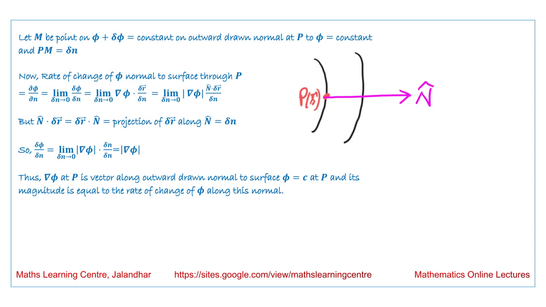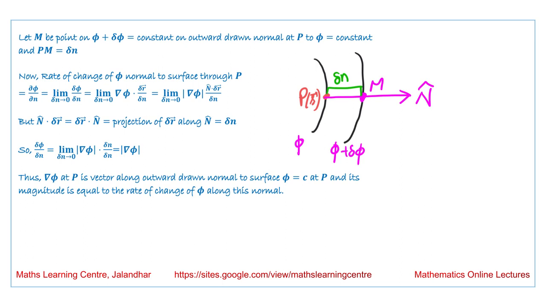Its direction is n cap. And the point where it meets this second level surface, phi plus delta phi, we are naming this point as M. Now the value of PM is basically delta n, in the direction of the normal.